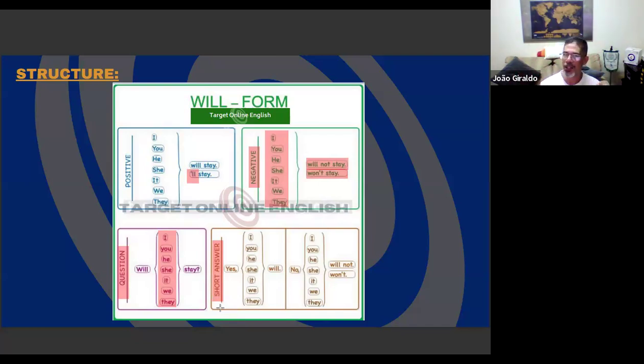So if I ask you, will you go to your mother's house? You answer, yes, I will, or no, I will not. Okay? And this is the structure you are going to use for the future.